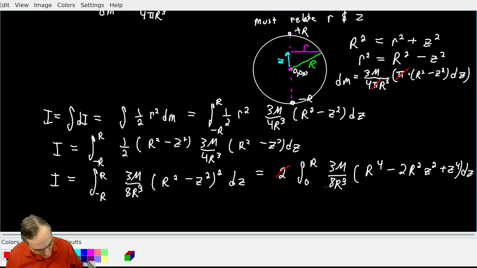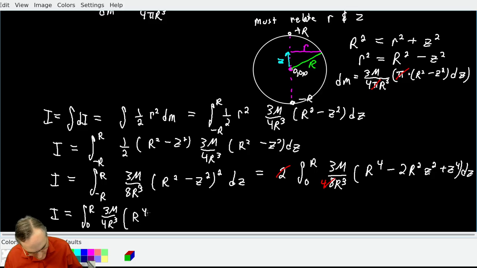We'll be able to cancel a 2 there. So the integral from 0 to R. The 3m over 4R cubed can come out in front. R to the 4th minus 2R squared z squared plus z to the 4th dz.